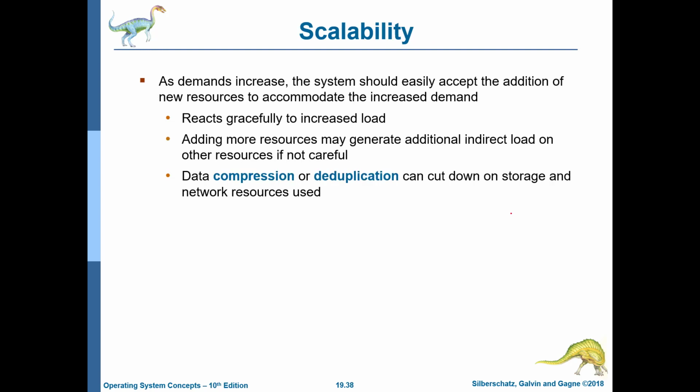And finally, scalability. So you come back to my Christmas and New Year's example. I said that whenever the demand increases, the system has to react gracefully and handle the increased load. For that, it should be able to accommodate more machines and add more resources so that they can take the load. Furthermore, if we are using storage and network resources, instead of adding more storage, we can increase the amount of usable storage by compressing data, particularly if there is some amount of redundancy, and deduplicating data.